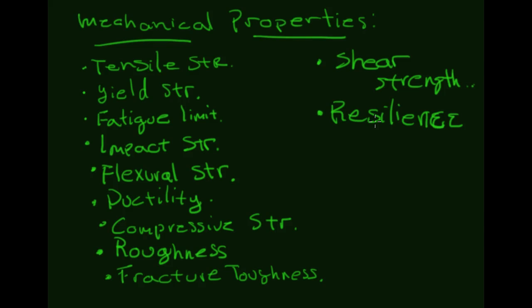So these are your mechanical properties, a whole list of them there: tensile strength, yield strength, fatigue limit, impact strength, flexural strength, ductility, compressive strength, roughness, fracture toughness, shear strength, and resilience. This is on top of the physical properties of mass, volume, density, and color.